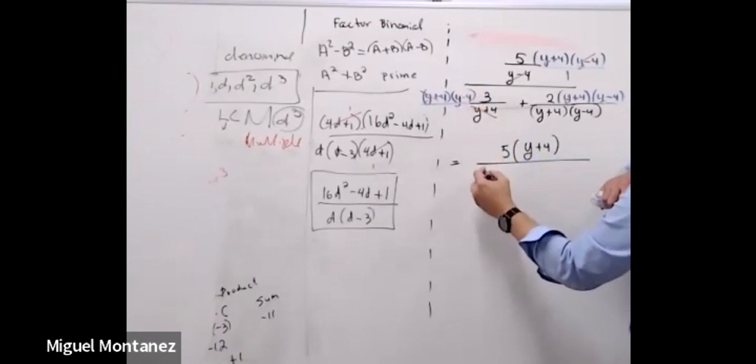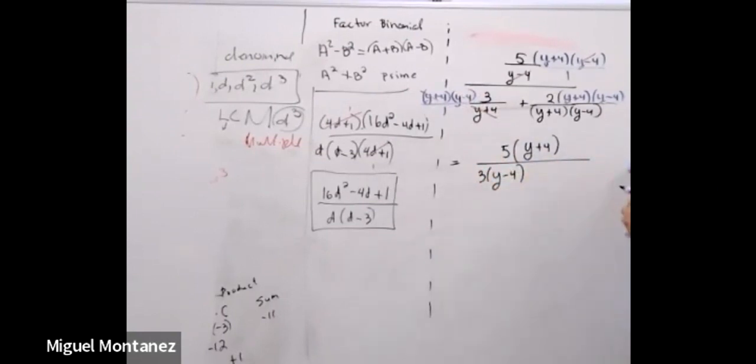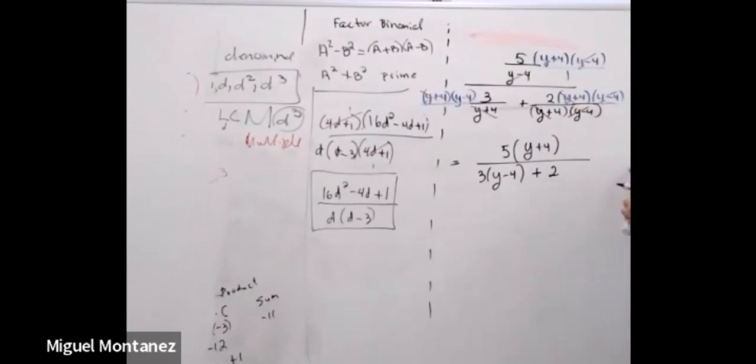So I have 3 times y minus 4 plus, and it's easy because y plus 4, adios, y minus 4, bye-bye. So that will be plus 2. From this ugly thing to this pretty thing.